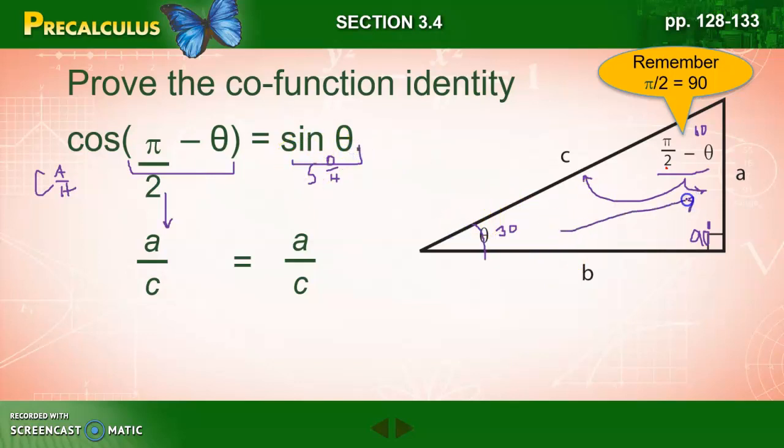Well, opposite is A, and the hypotenuse is C, A over C. So you can see here that the cosine of one of our acute angles is the same as the sine of the other acute angle. That is our co-function identity.